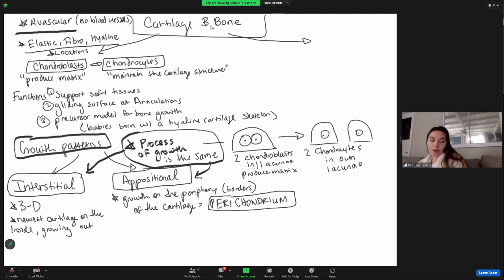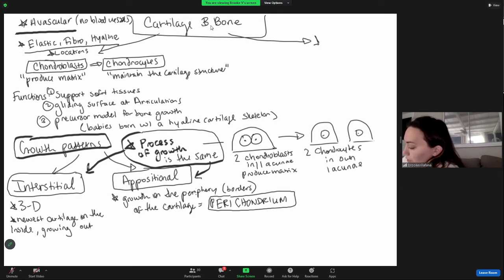So at the perichondrium, appositional; on the inside, interstitial. Good? Any questions there? That's actually everything you need to know for cartilage. The big thing you want to take away is definitely the interstitial versus appositional, that the process is the same, and the location of them.